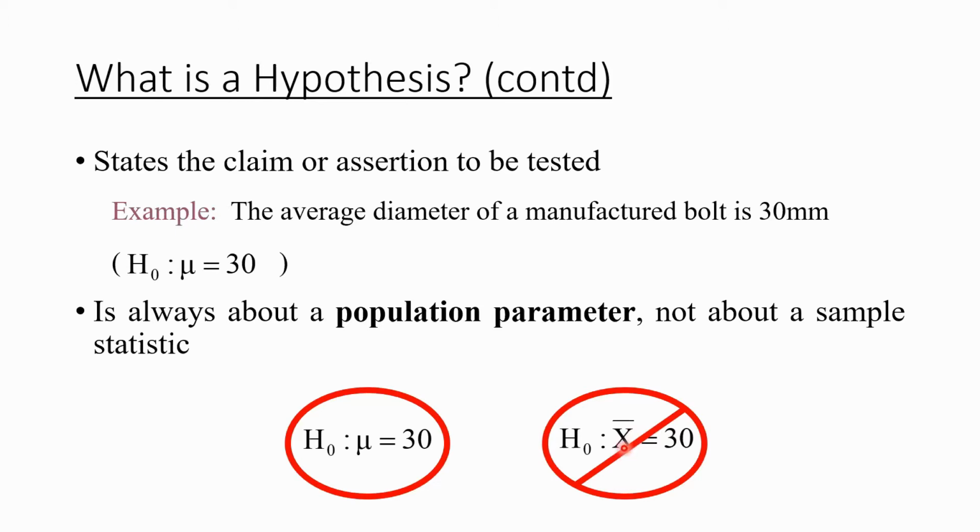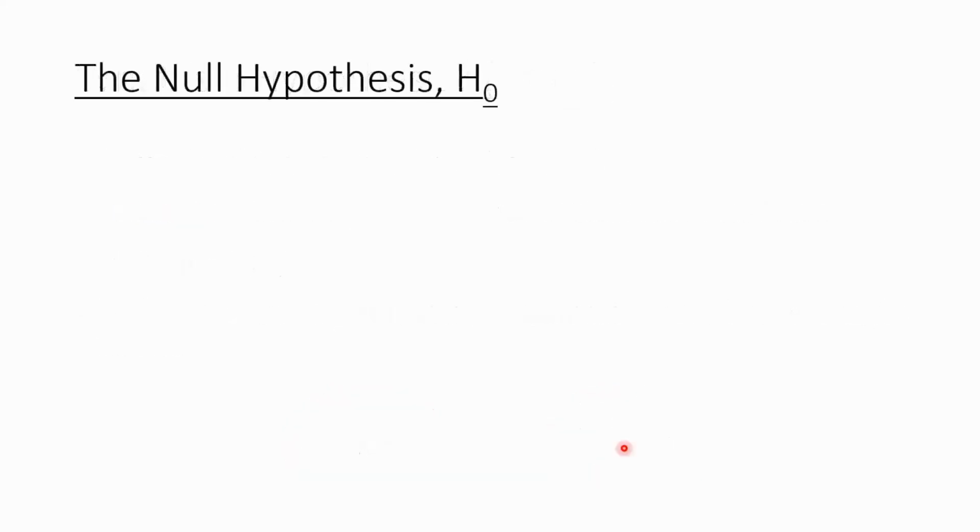So what was that H0? That is called a null hypothesis. You begin with the assumption that the null hypothesis is true. And the null hypothesis, what is important is that it always contains the equal sign. If you noticed in our previous example, we had the equal sign, and for that, we call it the null hypothesis.